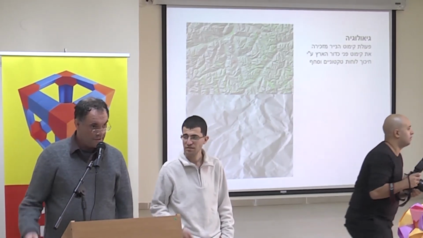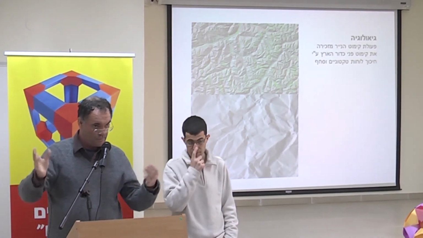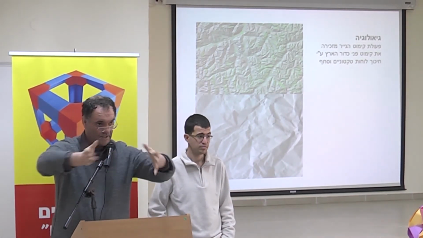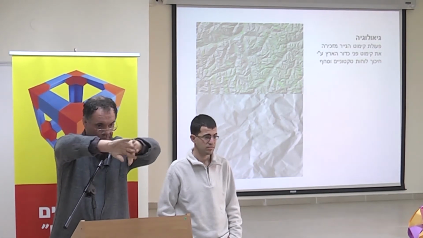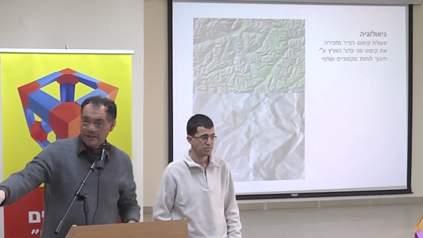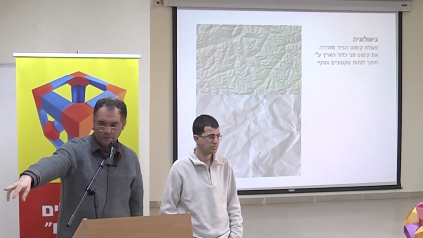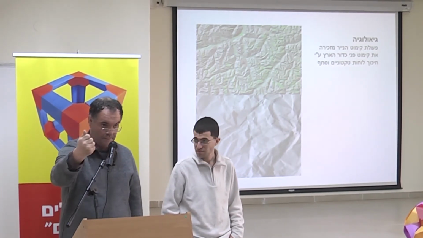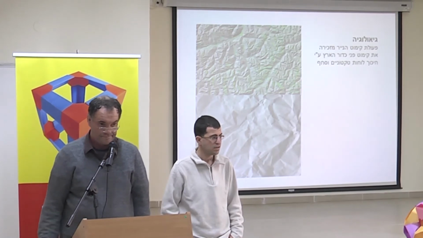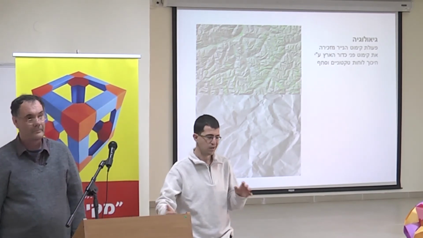Even geology, the Earth's surface is a sheet which crumples as the Earth's plates move and smash into each other. So it's no coincidence that a Google Earth map looks like a sheet of crumpled paper. It's the same process.